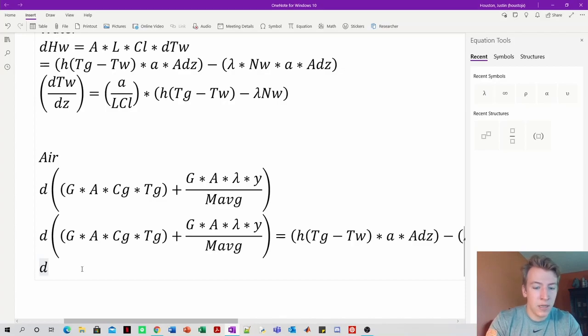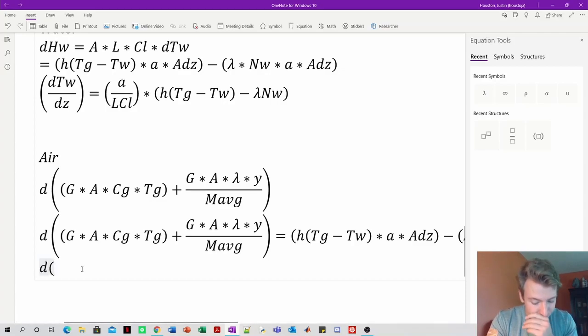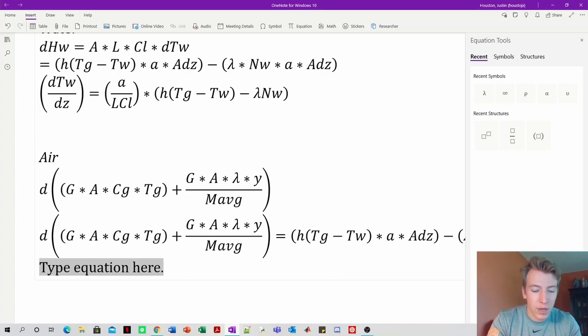So we're going to get, actually we're already taking the change. So we have the gas flow rate times the heat capacity of the gas times the difference in the temperature of the gas, which is going to be over dz, since we divided that over.